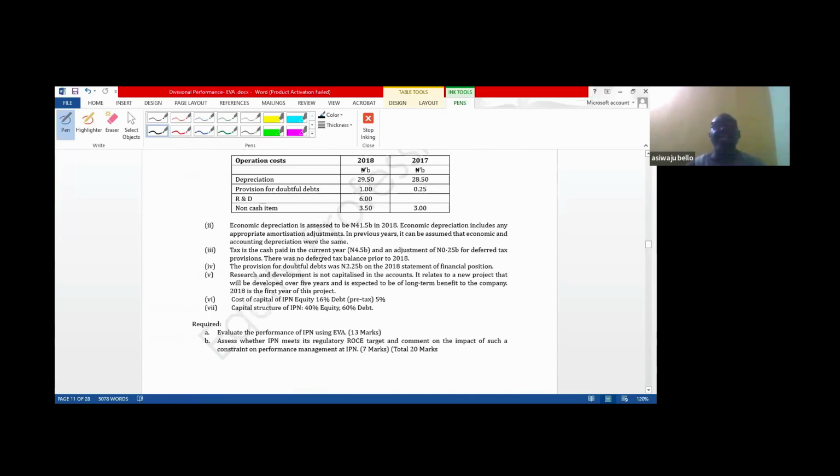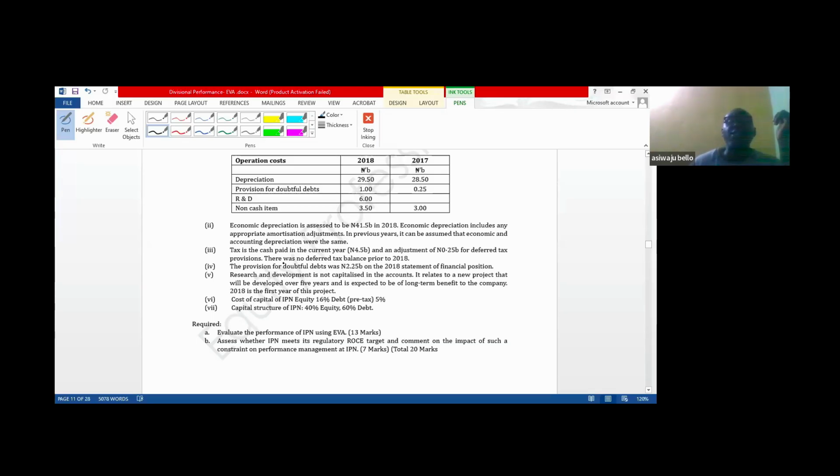Then number 3, do we have an increase in provision? Now that will take us to note number 4. Look at the income statement. Provision for doubtful debt is 1 billion. Now look at the statement of financial position.